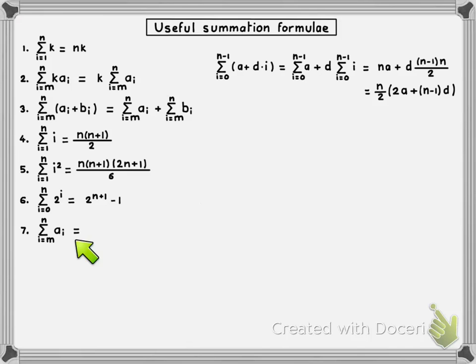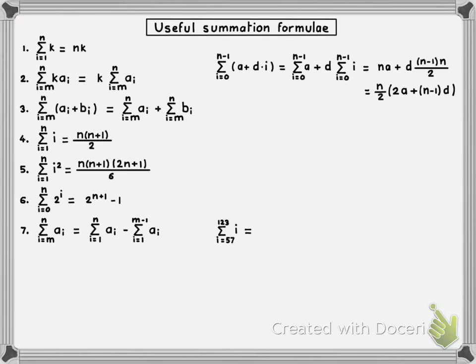Now, one way to compute this sum that starts at m is to compute the bigger sum that starts at 1, and then to subtract the extra terms that we included here, all the ones from 1 to m minus 1. So here is an example where this formula is useful.